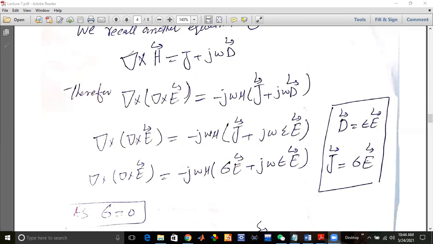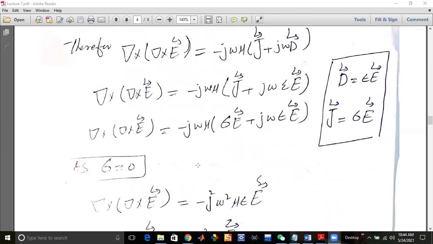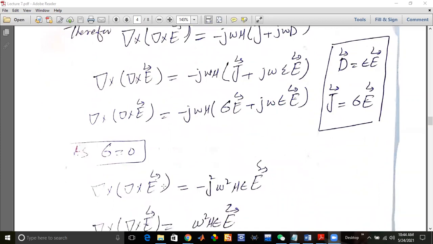Then you will get only this portion: curl of curl E is equal to minus multiplied by plus minus j multiplied by j, which is j square, and omega multiplied by omega is omega square, mu epsilon into E.